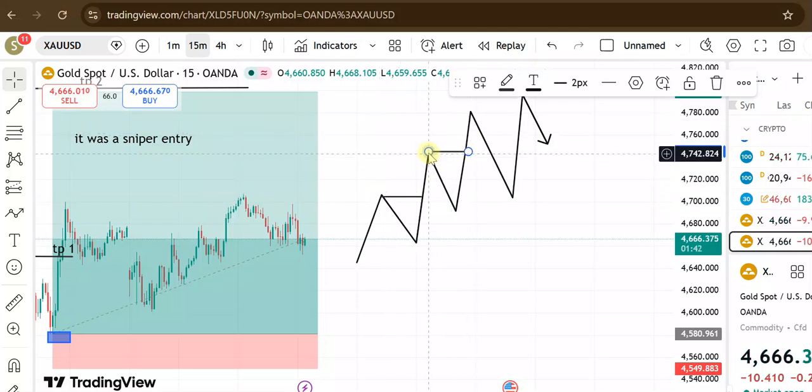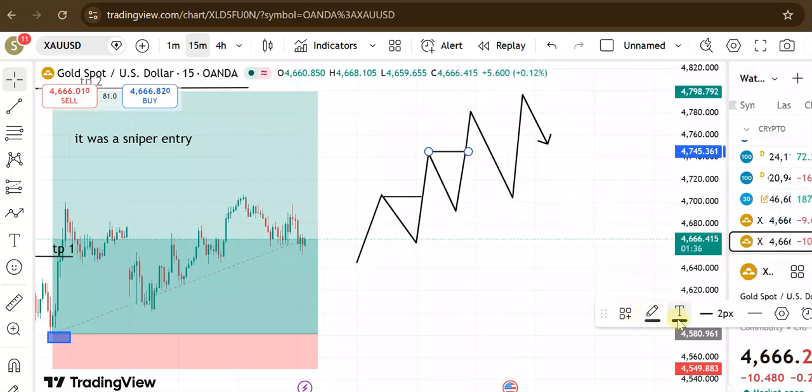This high is higher than this. And this high up here is higher than this. So it's an uptrend because each high is higher than the last. And when it breaks the last high, we call that a break of structure, a continuation of the trend.